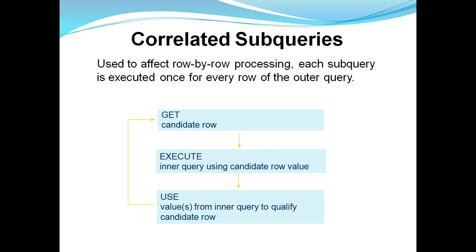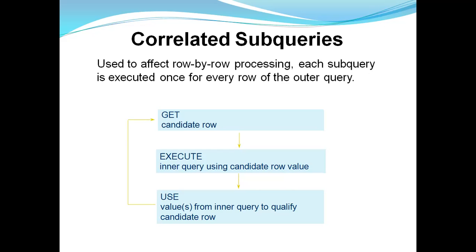Then what is to be done? That will be the problem. So for that purpose, we use a correlated subquery. Now, why are these subqueries called correlated subqueries? The reason is that these queries are related to the main query.